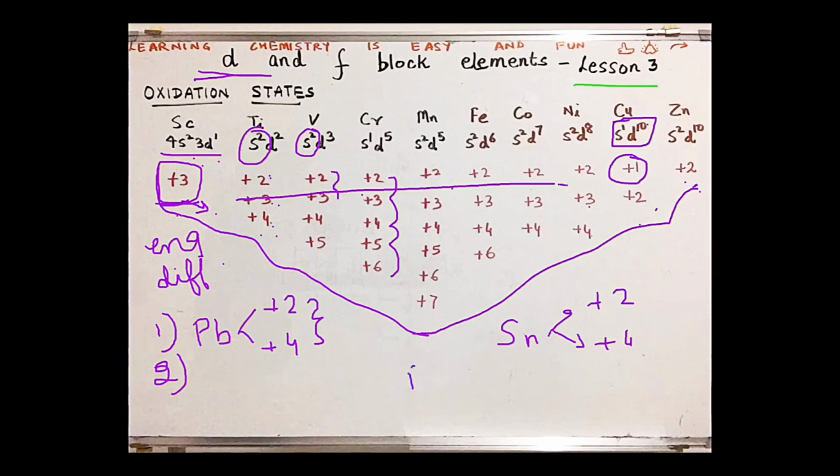Now somebody must be wondering, if you've got D 1, 2, 3, 4, 5, 6, 7, 8, 9 and 10, right? In order to show an oxidation state of +1, it gets rid of the S electron. In order to show the oxidation state of +2, it gets rid of another electron from the D orbital.